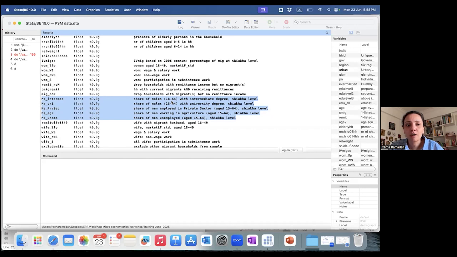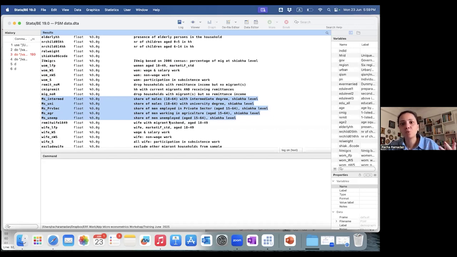These are the variables at the Shiakha level we are using in our analysis as proxies for the community context where women live. We have also the share of males who have a university degree at the Shiakha level. We have the share of men employed in the private sector, the share of men working in the agricultural sector, and the share of men unemployed. Why are we focusing on men?